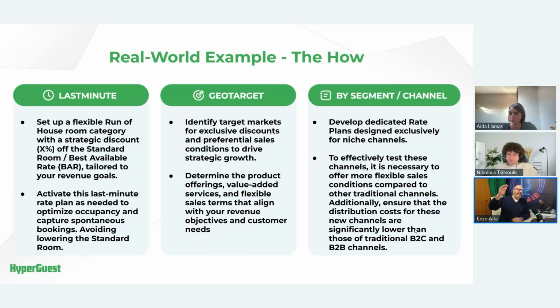So your standard is at $200. You are opening this last minute rate 3 days before check-in. Instead of lowering the standard, you open a new product which was not visible and available before, which represents a cheaper price compared to the standard, which is your cheapest room. So you open a run of house, might be like, I don't know, an economy.